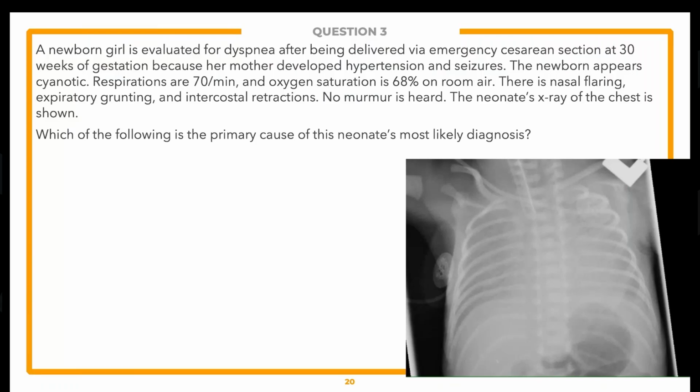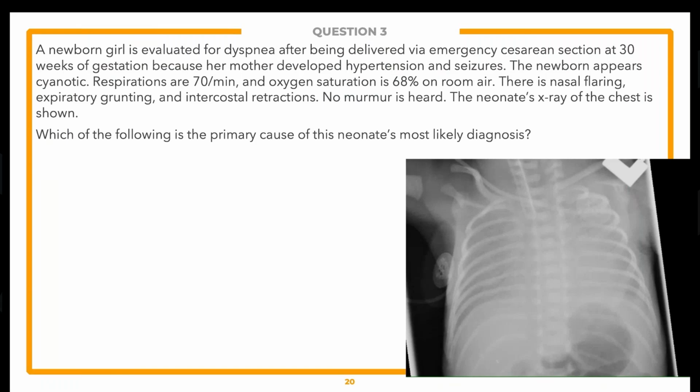The newborn appears cyanotic. Respirations are 70 and oxygen saturation is 68% on room air. There's nasal flaring, expiratory grunting, and intercostal retractions. No murmur is heard, and the neonate's X-ray of the chest is shown.